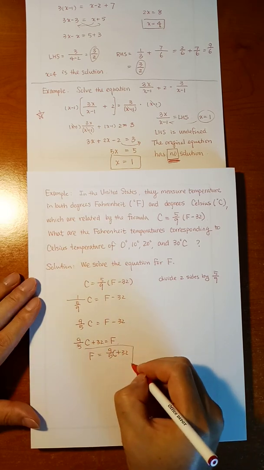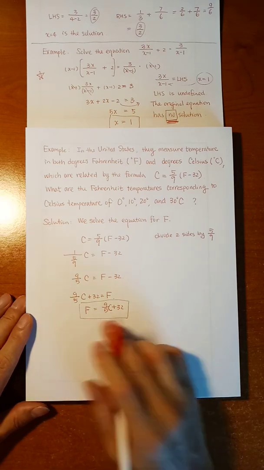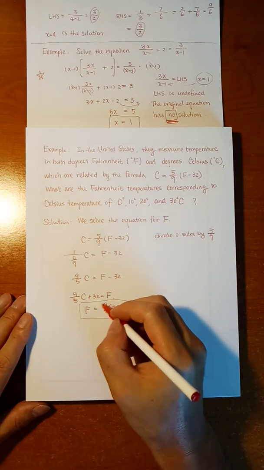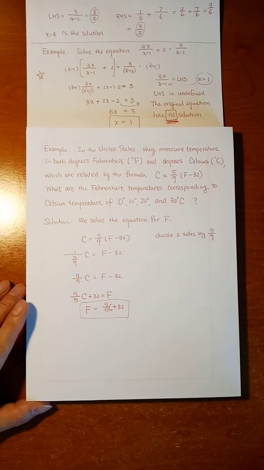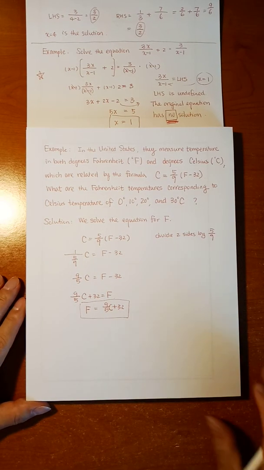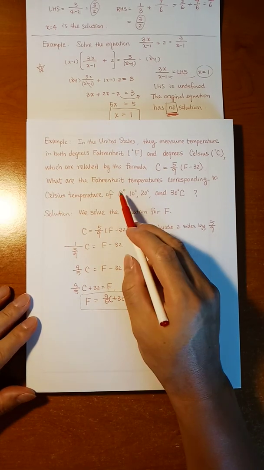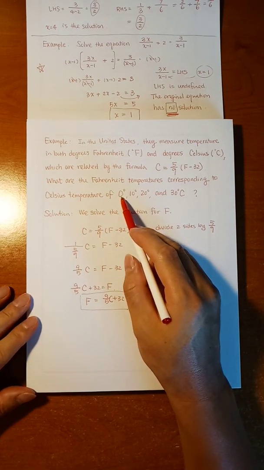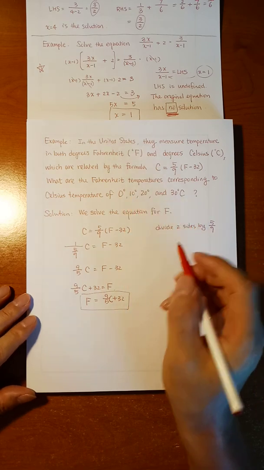So this is the general formula from the C degree to the F degree: 9/5 times C plus 32 is the Fahrenheit degree. Okay, so now we're going to plug in Celsius degrees equal to 0, 10, 20, 30.